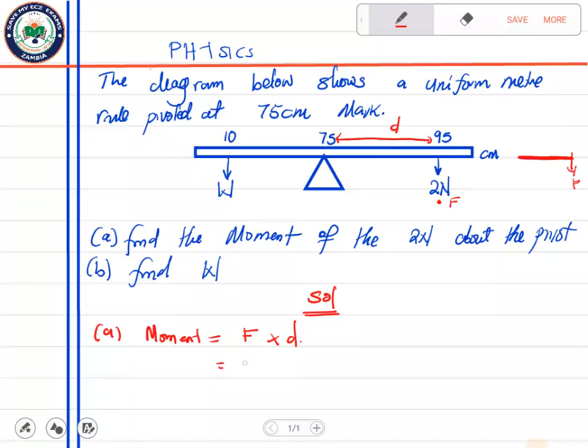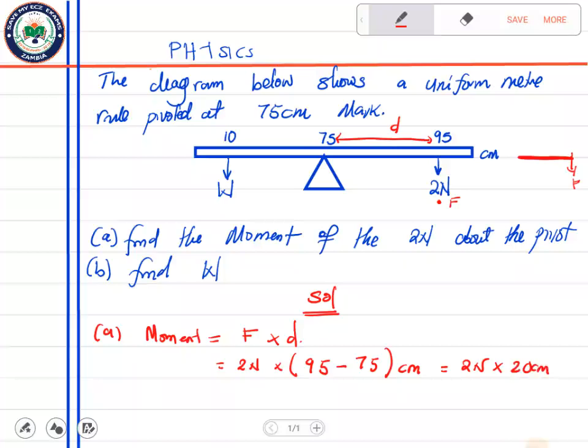So our force is 2 newtons multiplied by our distance, which is the distance between 95 and 75. Remember we said from the pivot. So it's 95 minus 75. These are centimeters. So you get 2 newtons multiplied by 20 centimeters.